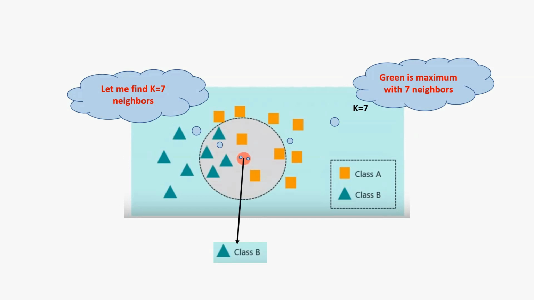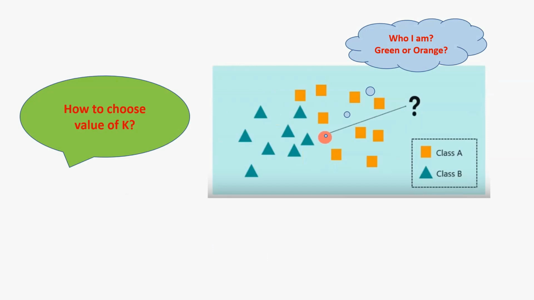So the unlabeled data is classified under class B. Now we have a question: how to choose the value of K? Because when you choose K equal to 3, the data is classified into class A. When you choose K equal to 7, the data is classified into class B.